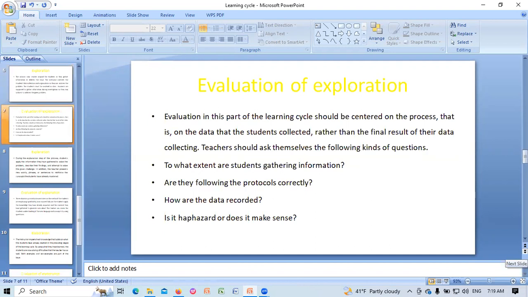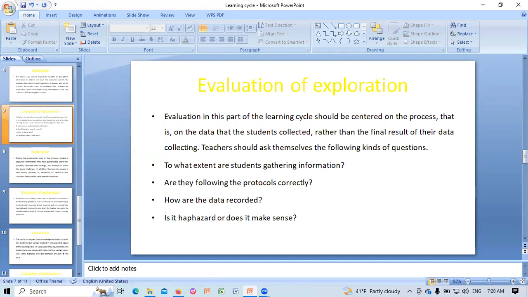Evaluation of exploration. Evaluation in this part of the learning cycle should concentrate on the process, that is, on the data that the students collected rather than the final result of their data collecting. The teacher should ask themselves the following kinds of questions. To what extent are the students gathering the information?